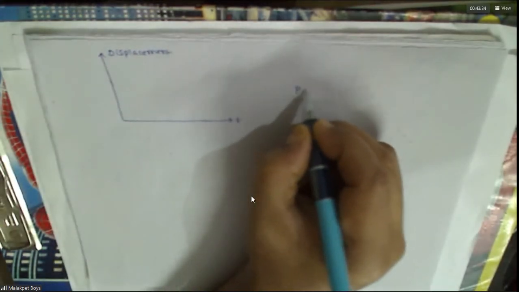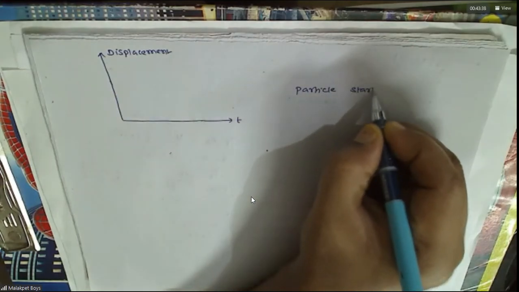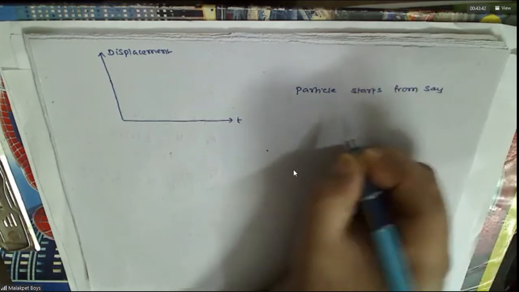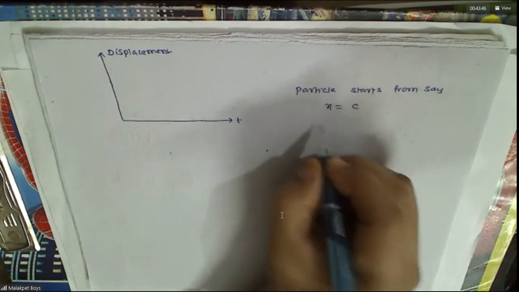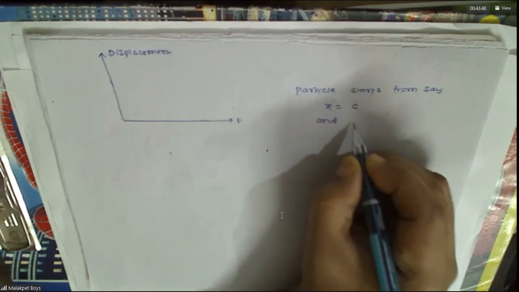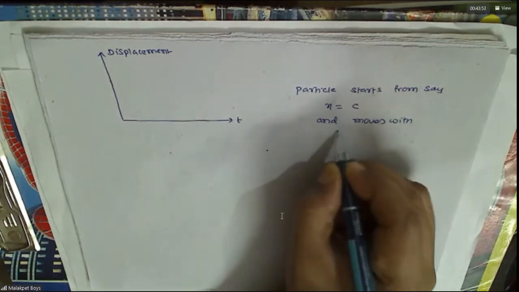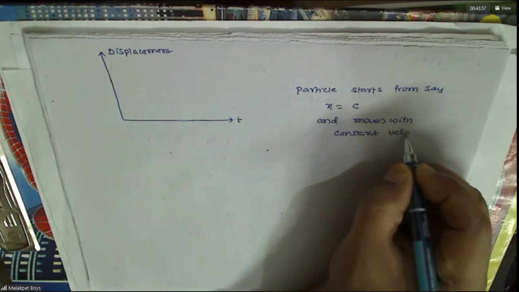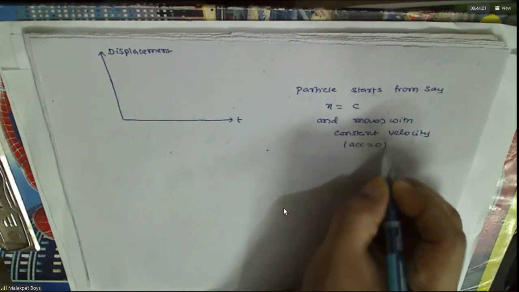Say the particle starts from x equal to some value, c, and moves with constant velocity. Constant velocity means acceleration is 0.